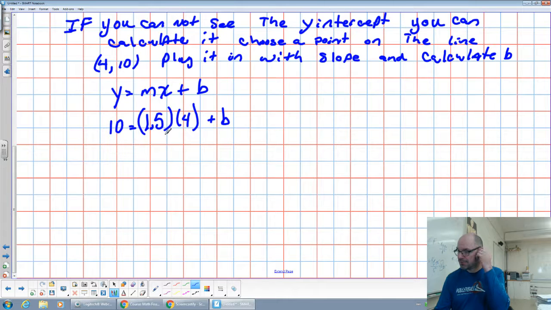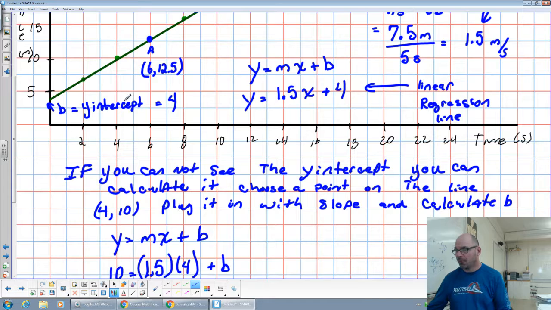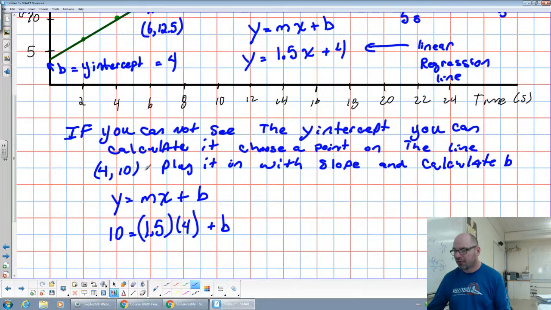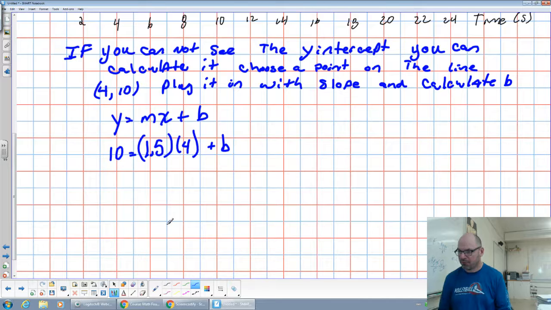Okay, so let's do our calculation here. So 4 times 1.5 is our first step. I'm just double checking, make sure I put the right point in. Okay, so 1.5 times 4, that's 6.